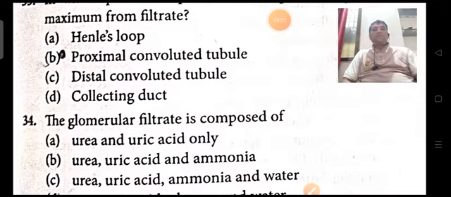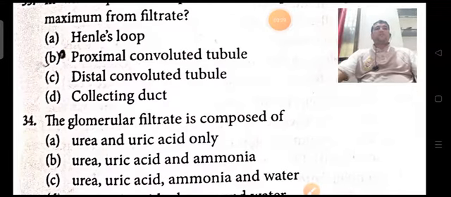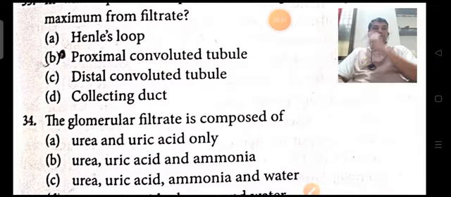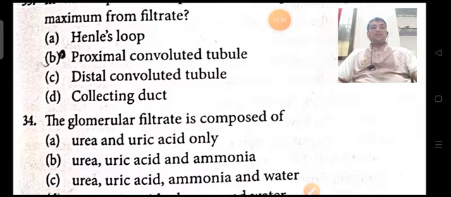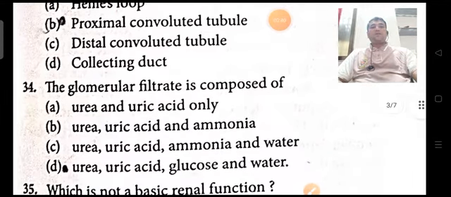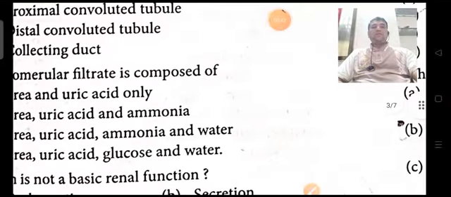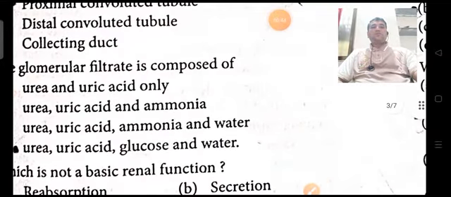Starting with the fourth: the glomerular filtrate is composed of urea and uric acid only; uric acid and ammonia; urea, uric acid, ammonia and water; or urea, uric acid, glucose and water.